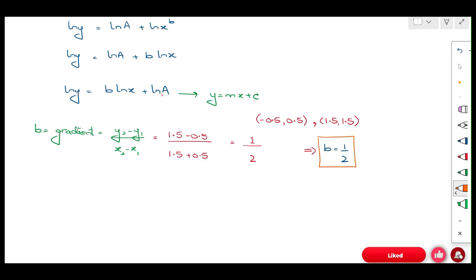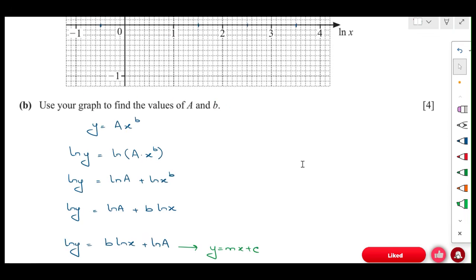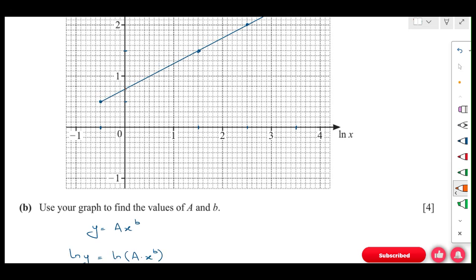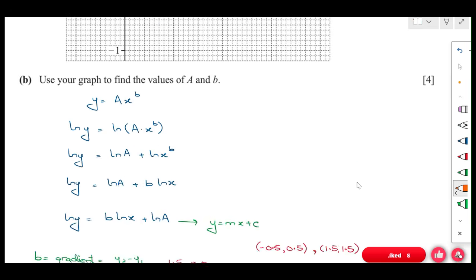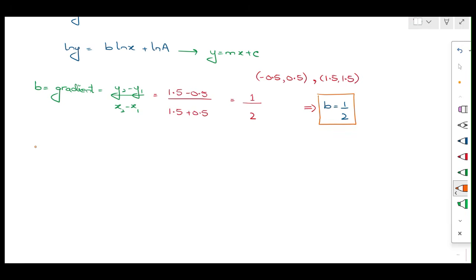Now next thing is to solve for the a value. Okay, natural log of a. So this is basically the y-intercept, which is 0.1, 0.2, 0.3, 0.4, 0.5, 0.6, 0.7, 0.75. So natural log of a is the y-intercept.